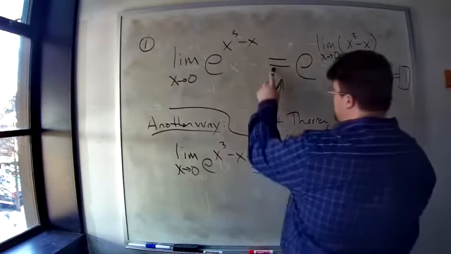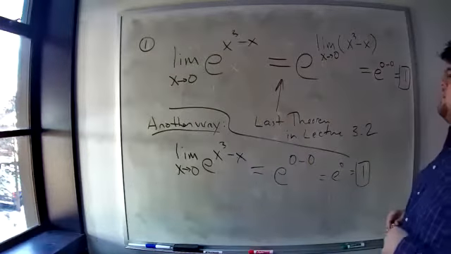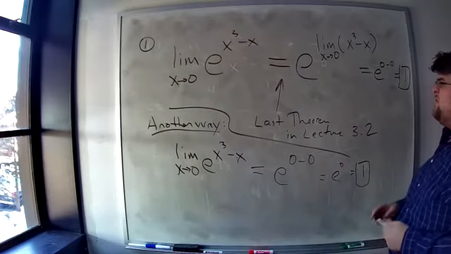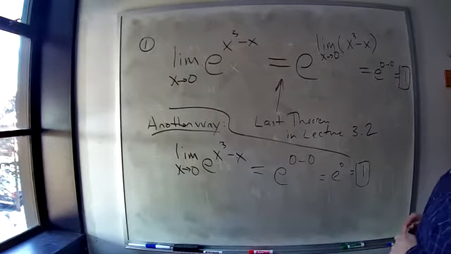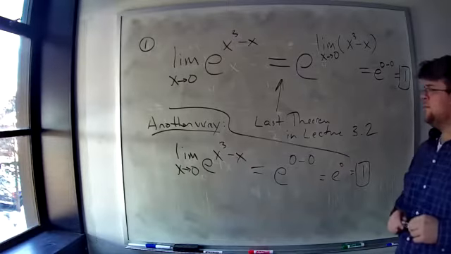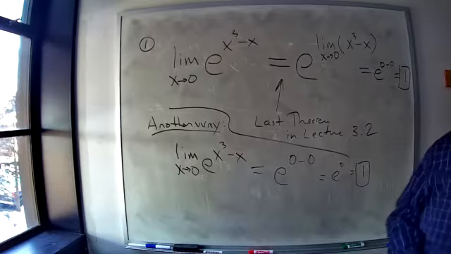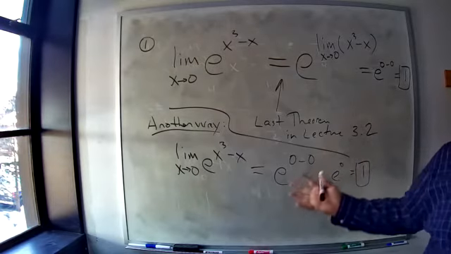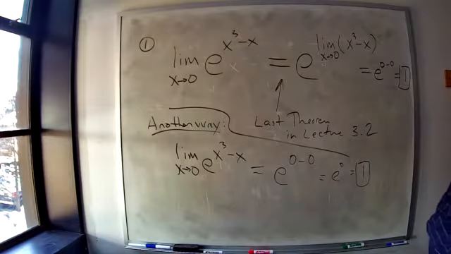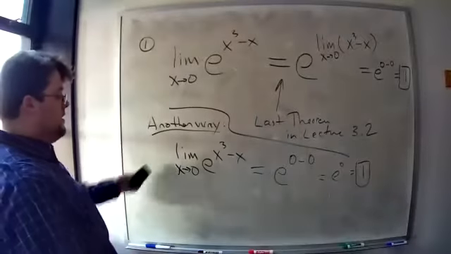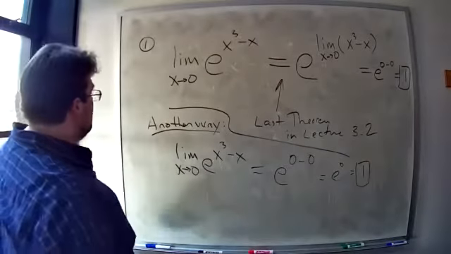So, I would consider justifying this equals sign a far more advanced thing than it seems. So either way you would like to answer a question like this is okay with me. Any questions on this one? So that theorem allows us to treat something like this as a direct substitution.